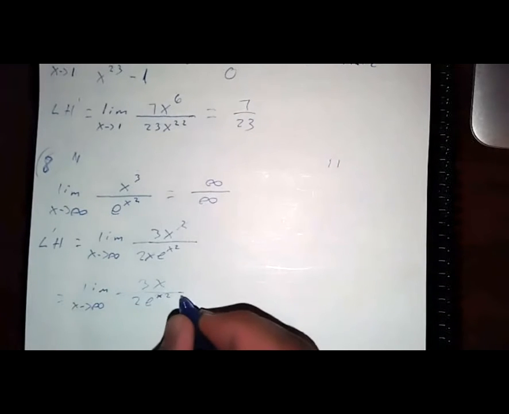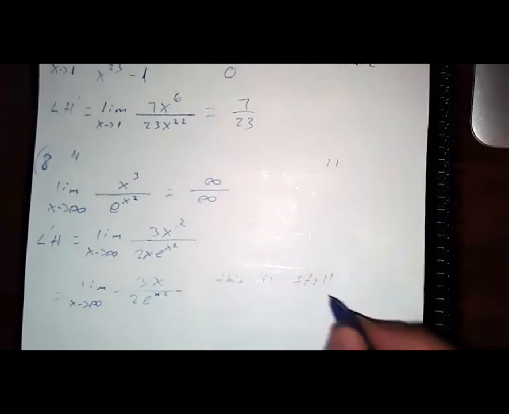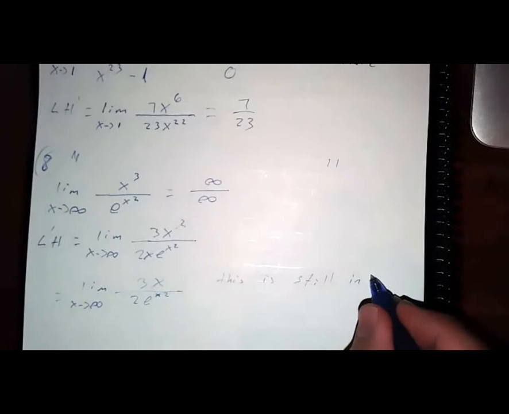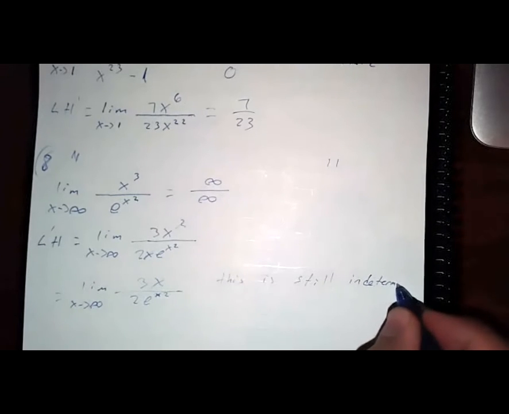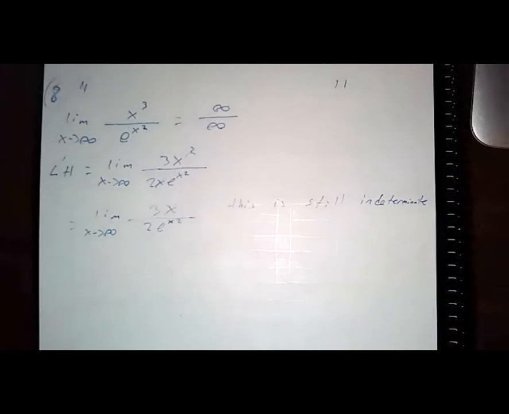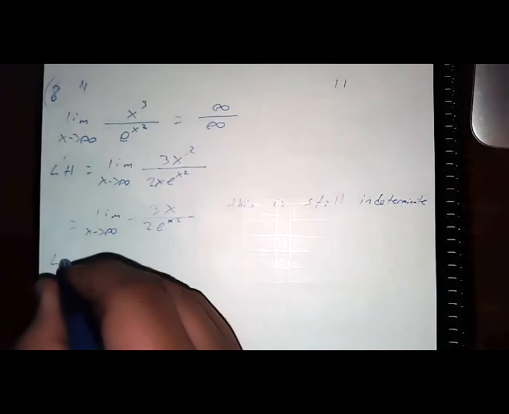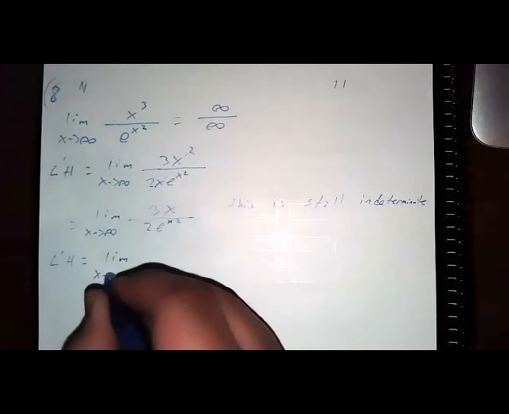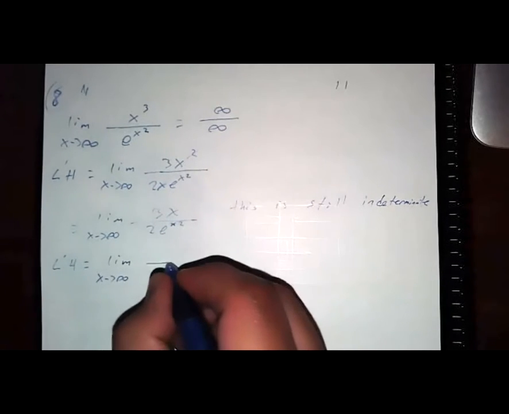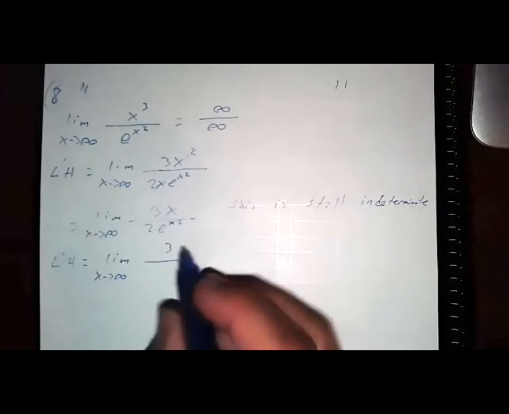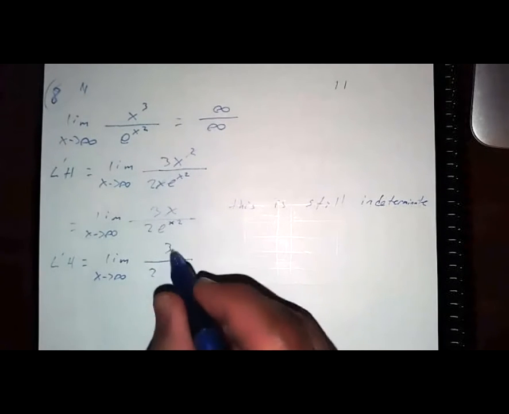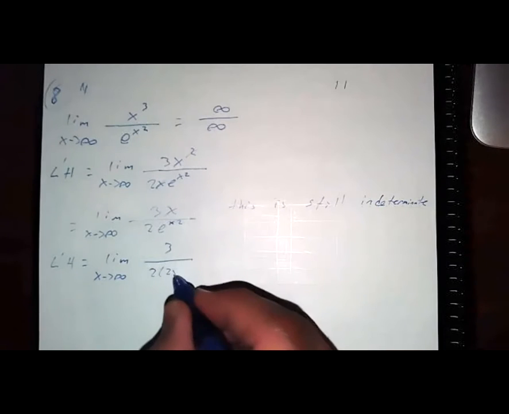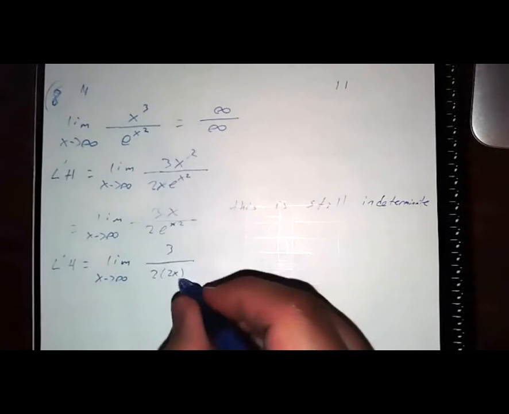But you see how this is still indeterminate. So do it again. So the top will just simply be a 3 over 2 times 2x, e to the x squared.